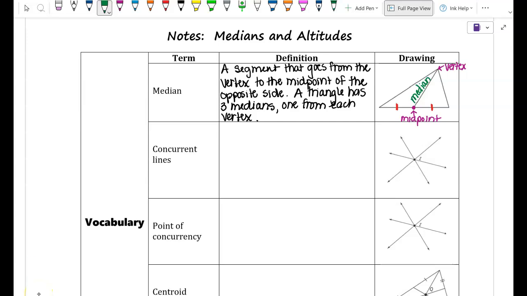All right, another term we need to define is concurrent lines. Concurrent lines are three or more lines that meet at a single point.